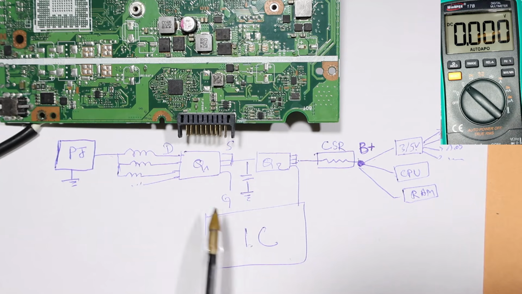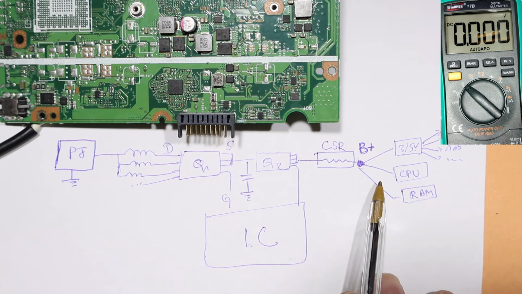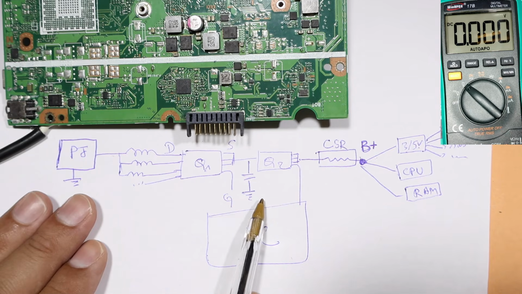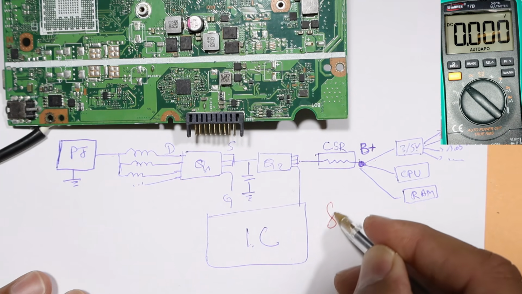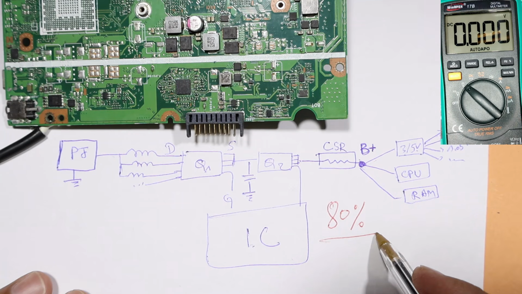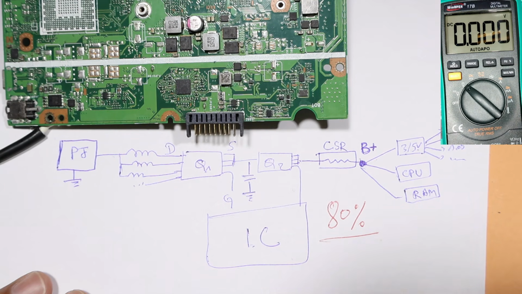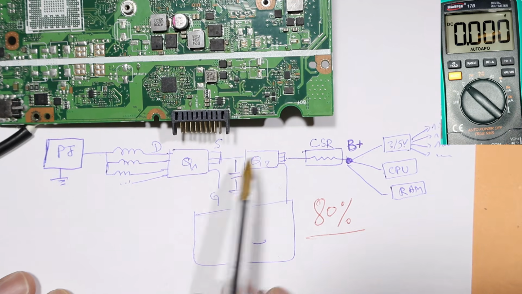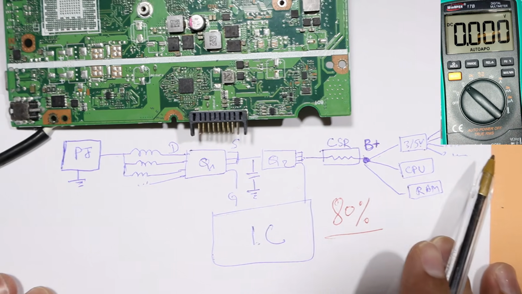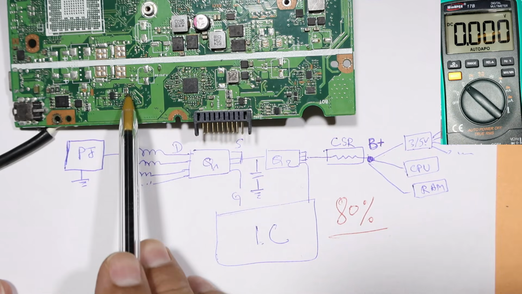If you understand this circuit, this primary circuit, you will fix more than 80% of failures when it comes to no power boards or dead boards. This is based on my experience. More than 80% are due to primary circuits.